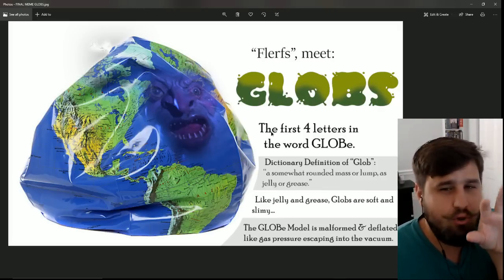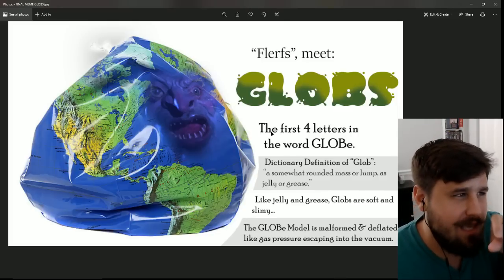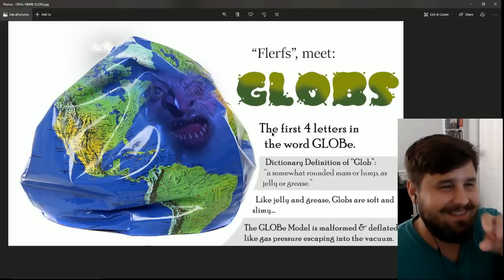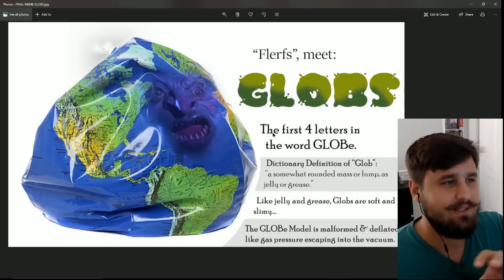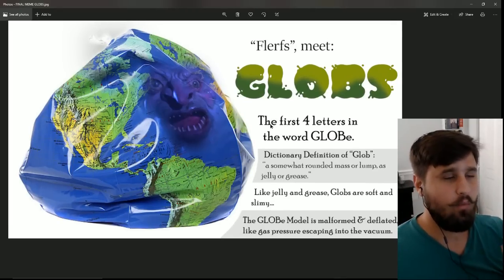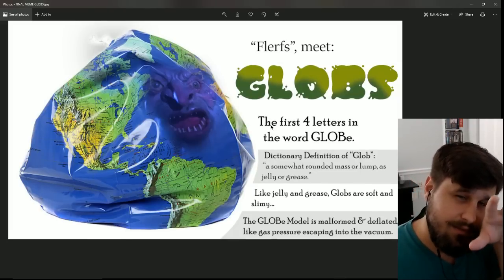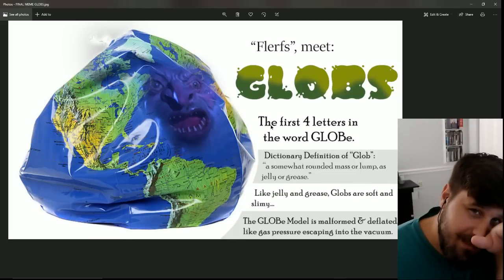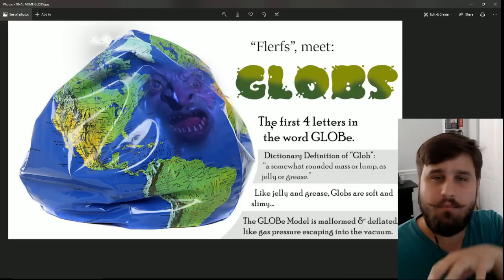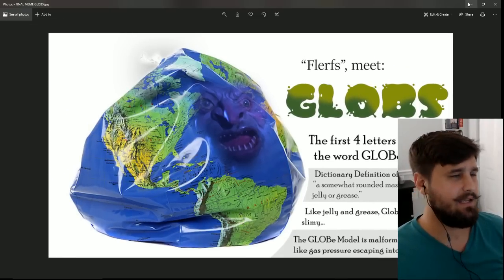They just appear and they're like, how dare you question science? How dare you think, and then they just attack you. So they call us flurfs. Well, we call them globs because they're just these partially deflated little things that just sit there and they're angry that their model's imploding. So never forget, that's a PSA.